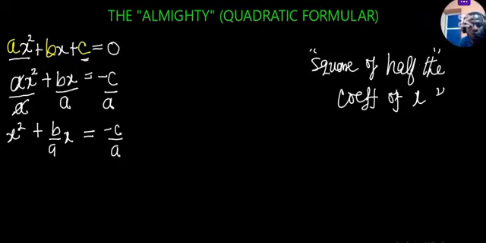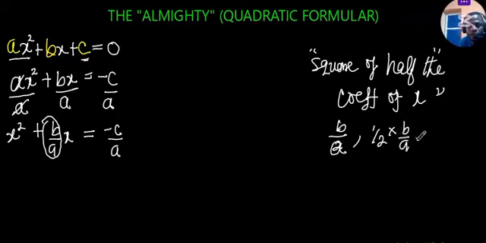Now, what is the coefficient of x? The coefficient of x here is b over a. So half of b over a is b times 1 is b, 2 times a is 2a.